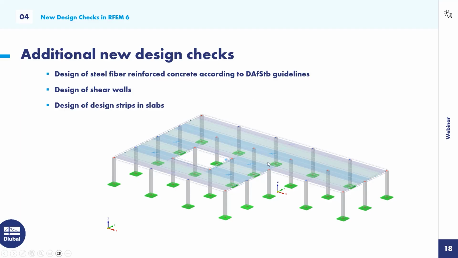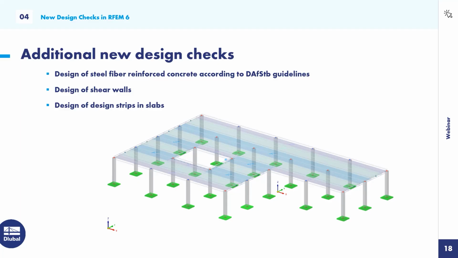So we can say where the slabs are. If we use the building grid, it will be done automatically that design stripes will be generated. It means we integrate the inner forces from the surface to be able to define the stripe with a cross section as a member.